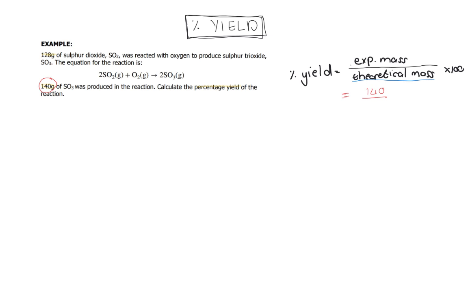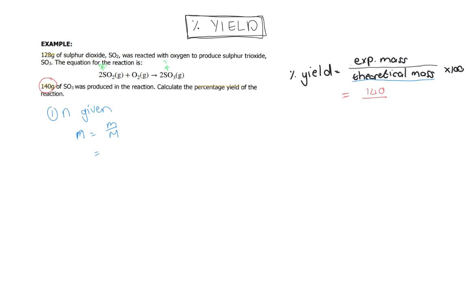So again, they gave me the mass, but they asked me for the experimental mass of that one. So I'm going to do my mole steps again. The mole given, in this case it's the sulfur dioxide, they give me a mass, so I need to use this formula.